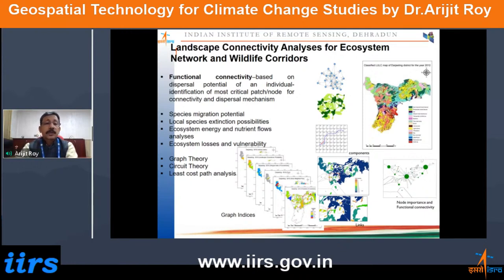So this helps us in identifying the species migration potential, how local species extinction can happen in that area because of changes in bioclimatic regimes as a result of climate change, how changes in ecosystem energy and nutrient flow can be affected in case of fragmentation of the habitat, as well as the potential for invasive species in a particular area.